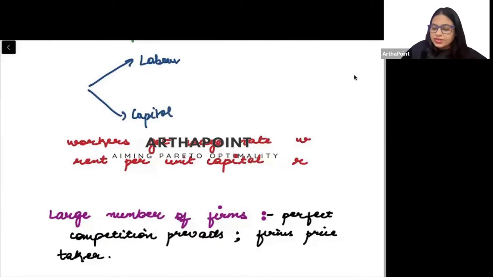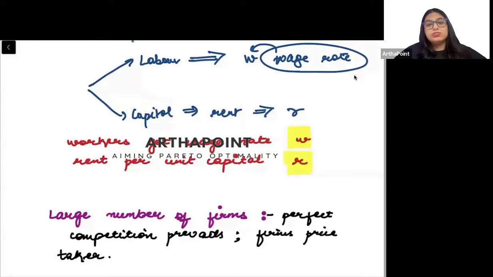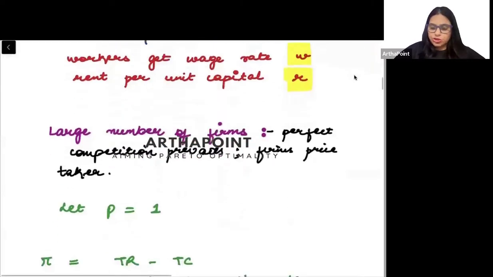We assume that the labor gets W, which means the wage rate given to us for labor is W. And the capital gets rent, and the rental rate is given to us as R, right? So the worker is going to get W and the capital is going to get R per unit that they work. We also assume that there is perfect competition in this market.